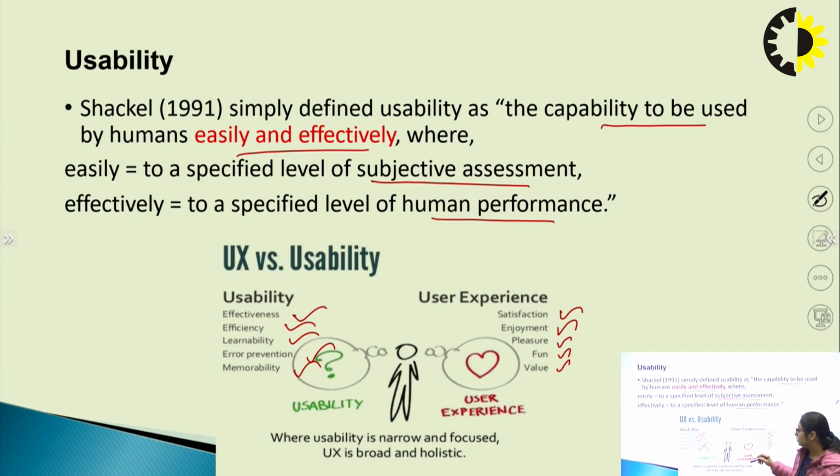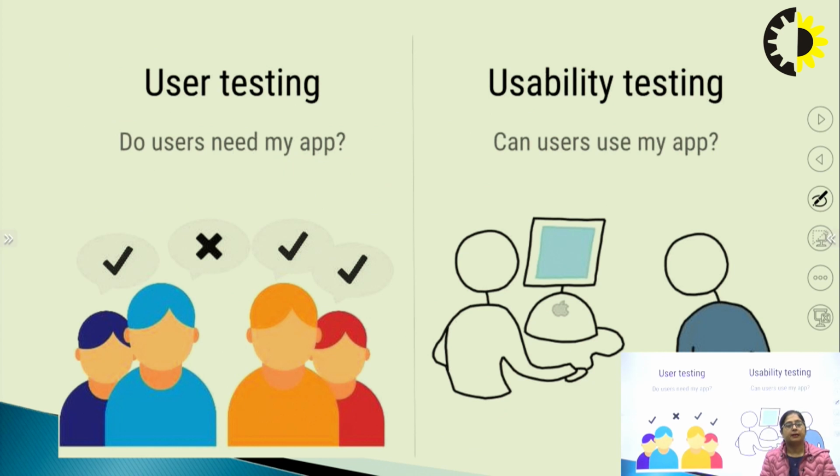So this is all about the users. What is usability? It means how effective, how efficient, how error free the product is, and user experience will give the satisfaction, enjoyment, pleasure, fun, value, etc. Now user testing and usability testing.